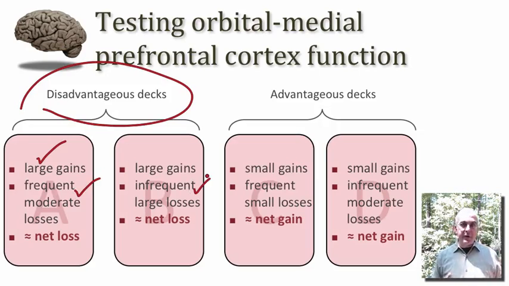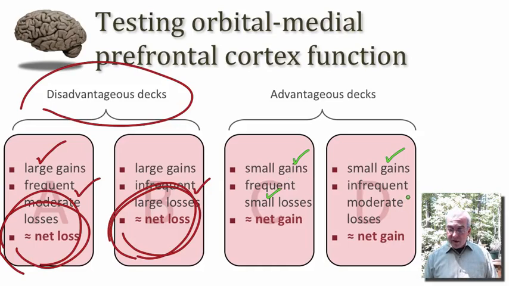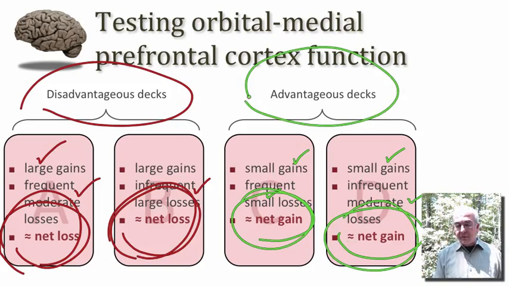And the aggregate result of drawing cards from these particular decks over the course of this experiment is that there will be net financial losses if these patients choose from decks A or B. However, if the patients are drawing cards from decks C or D, there may be small monetary gains, but the losses are either going to be small themselves or they'll be much more infrequent and of a more moderate dimension. So this is a more conservative strategy that leads to net financial gain. And over the outcome of the experiment, we might consider this to be an advantageous decision-making strategy.